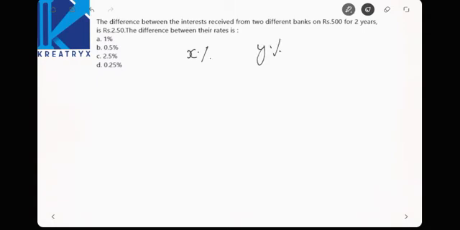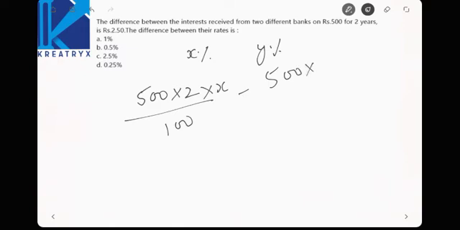Now see here, 500 rupees is the principal amount invested for 2 years for X rate of interest, minus 500 rupees is the principal amount invested for 2 years, second bank interest rate is Y, by 100, and the difference is equal to how much?